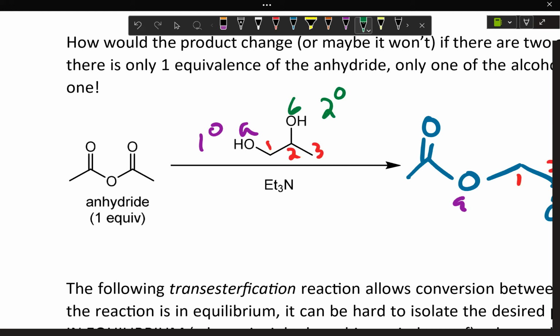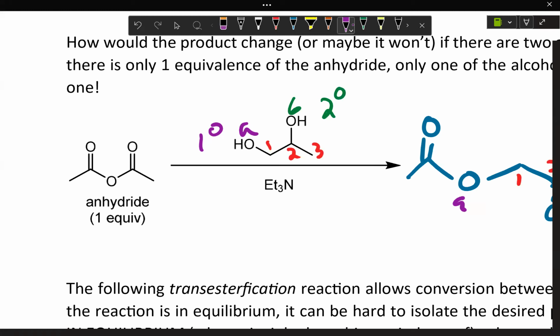What's the significance of saying whether it's a primary or secondary alcohol? Well, one of the most common answers in organic chemistry has to do with sterics. Which one is least sterically hindered? And that is going to be the primary alcohol because it's attached to a primary carbon. So there's less stuff around it. There's hydrogens here.